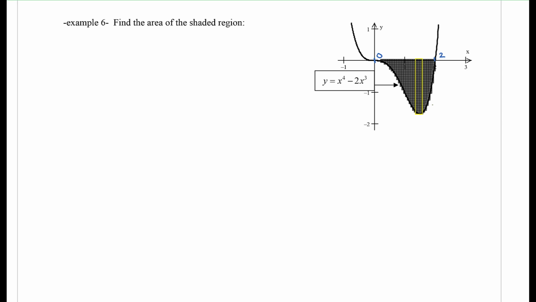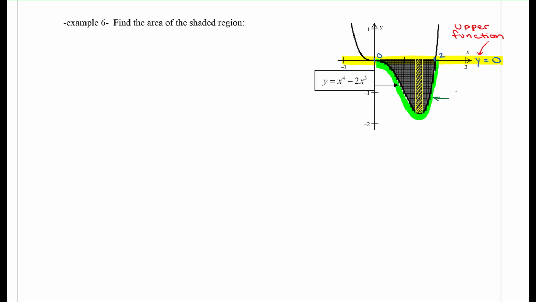I have gone ahead and drawn a rectangle within the shaded region to represent one of those rectangles we were drawing when we found Riemann sums, and I am shading in that rectangle. I've also highlighted in green the function in quadrant 4 and the y equals 0 graph, or the x-axis.